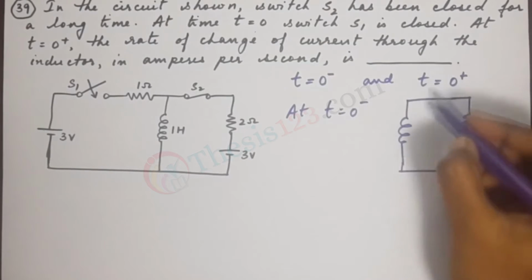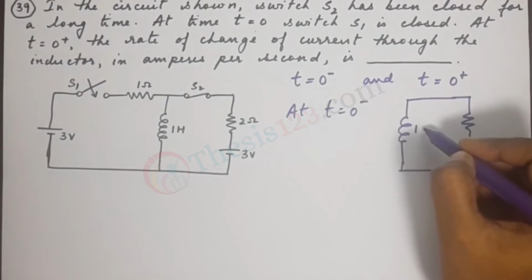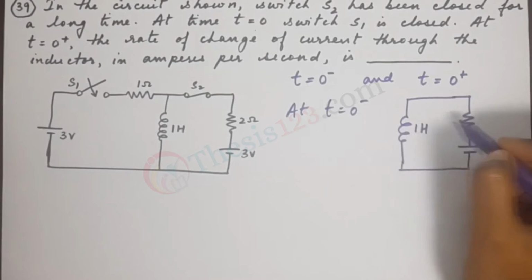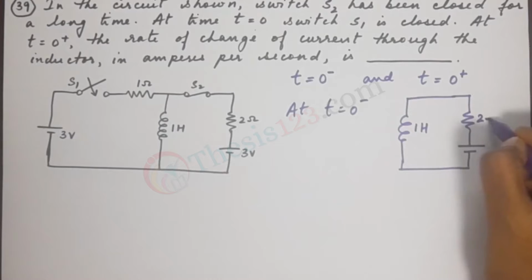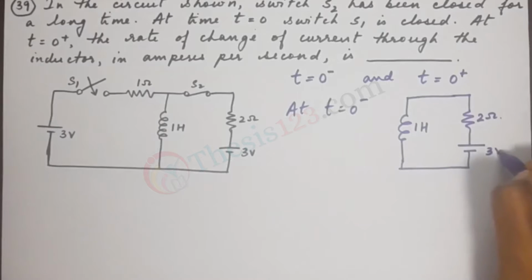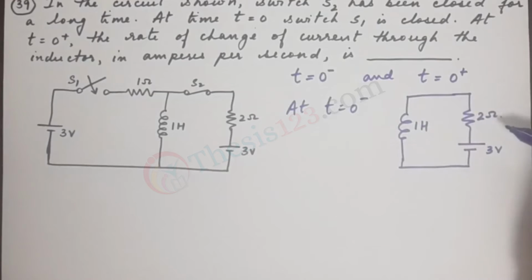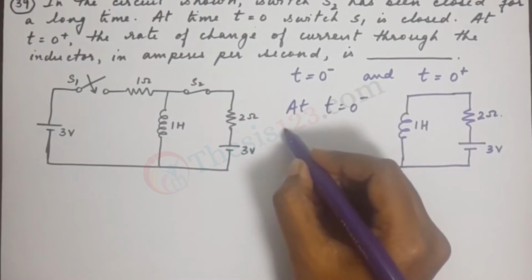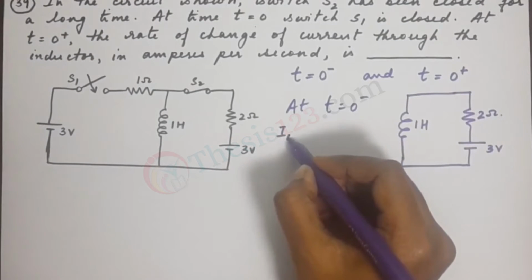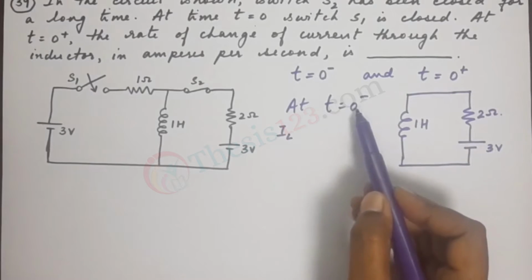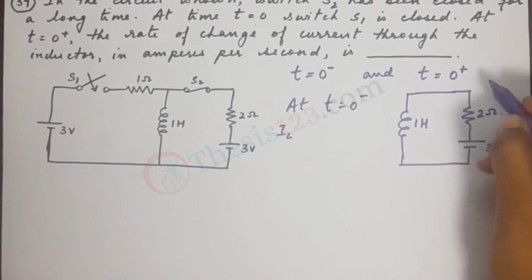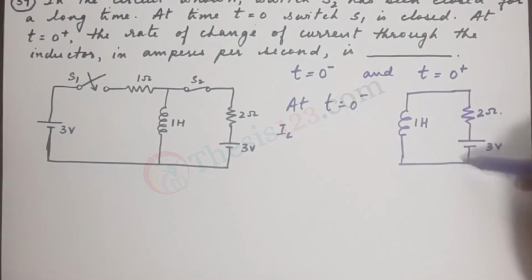Now here, the current that is passing through this inductor is the same as the current that is passing through this branch over here, because these two are connected in parallel. So the current through the inductor at t equals 0 minus would be the current passing through this branch.